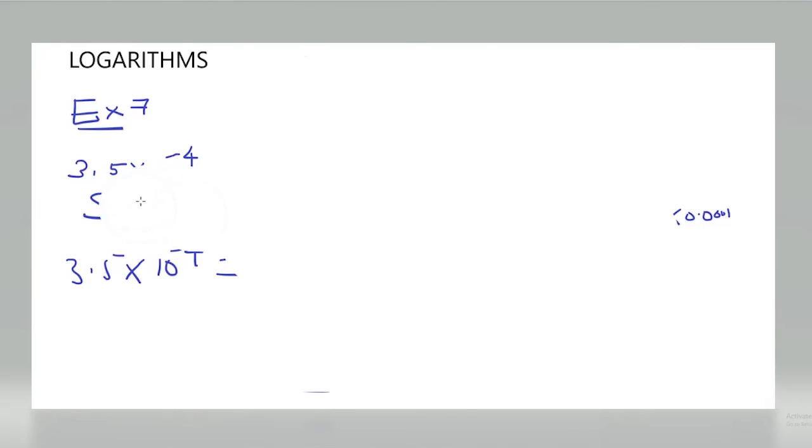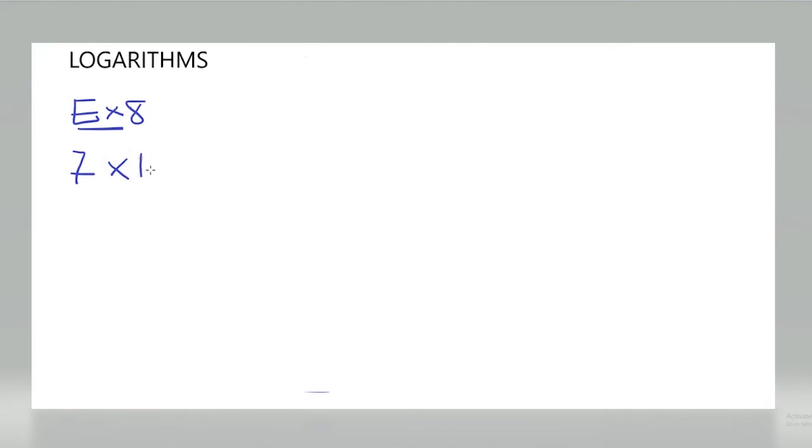Now, another example, number 8. You can also be told to simplify numbers given in standard form. For example, you are given 7 times 10 power 2, times 8 times 10 power 4.